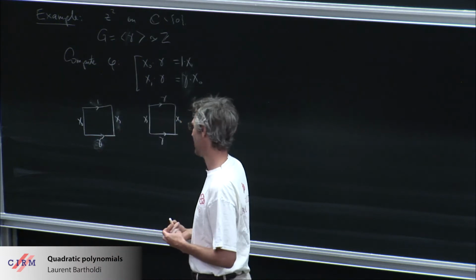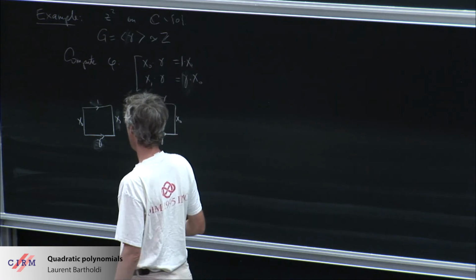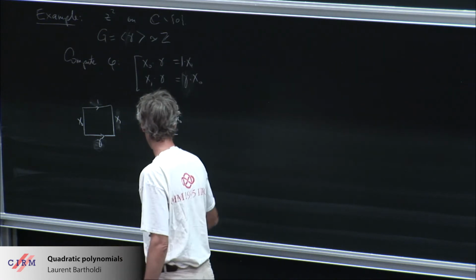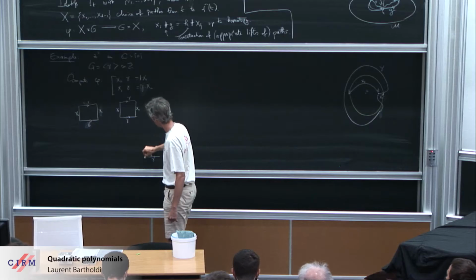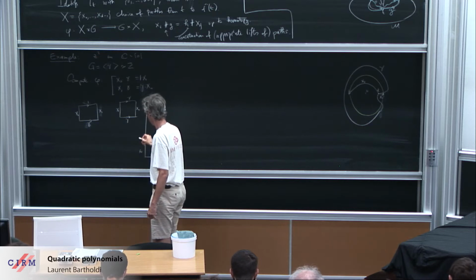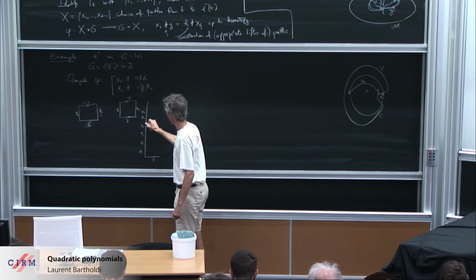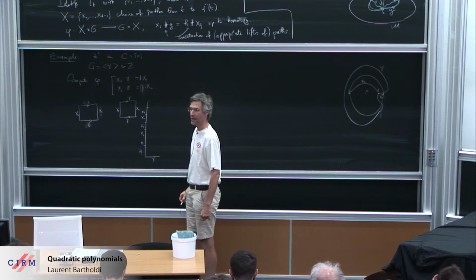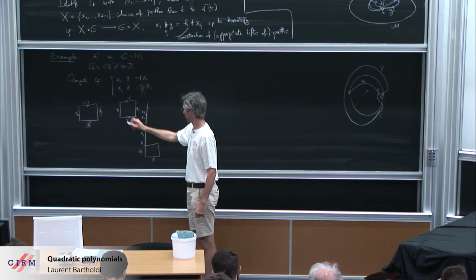And in this way, if you want to compute the action of gamma on some word, you write gamma here, and you write the word here. It will be x0, x1, x1, x1, x0, 0, x1. And then there's a unique way of completing this picture with the squares.